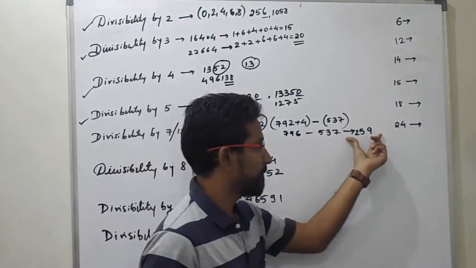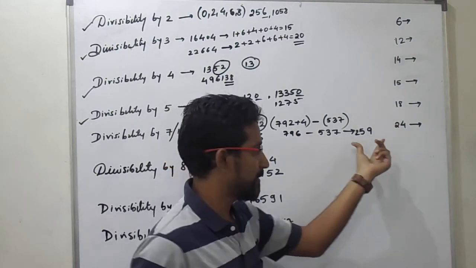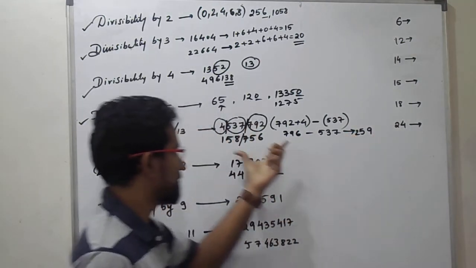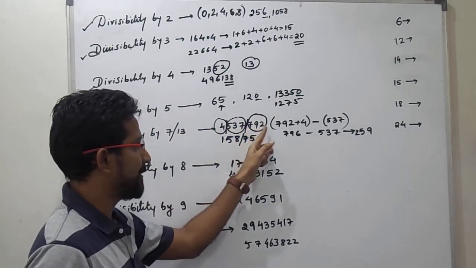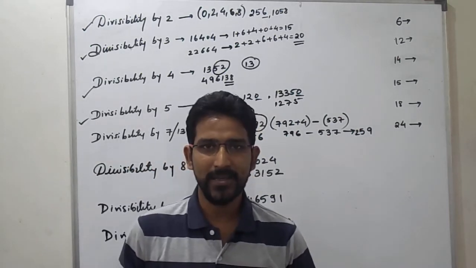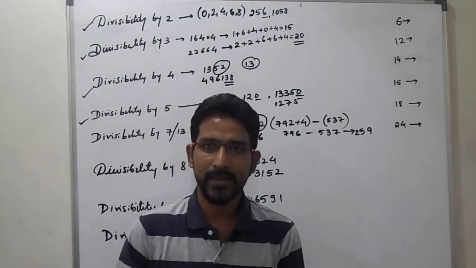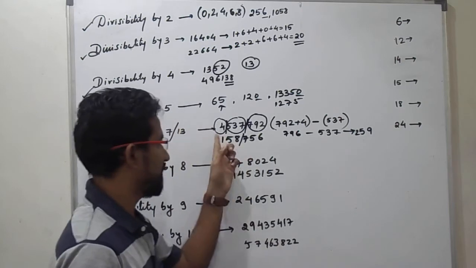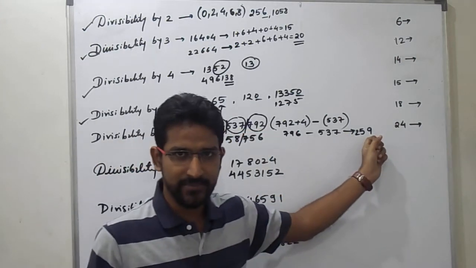So this number is divisible by 7. Therefore 4, 5, 3, 7, 7, 9, 2 will also be divisible by 7. This number is not divisible by 13, but it is divisible by 7.